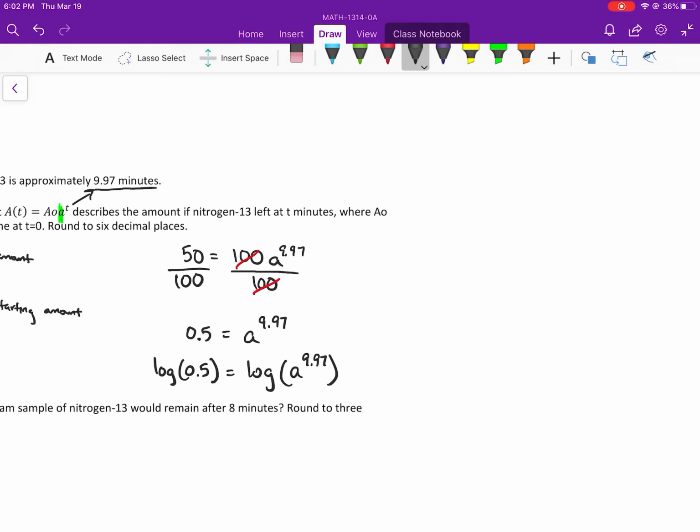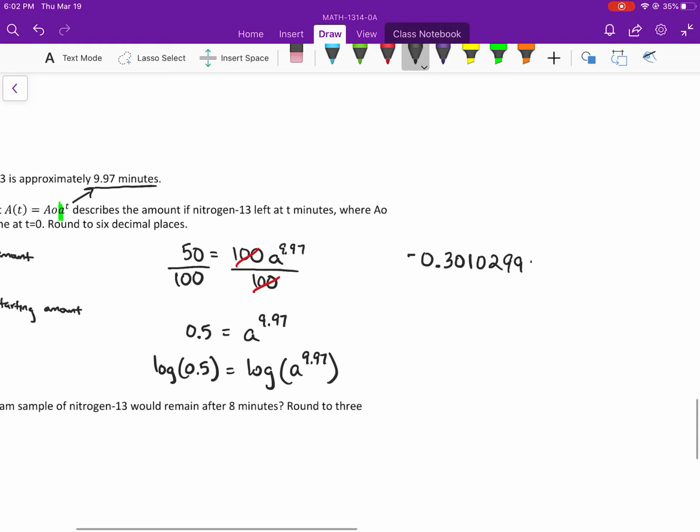Now in our calculator we can punch in log of 0.5, not just 5. So log of 0.5 gives me negative 0.301029997.